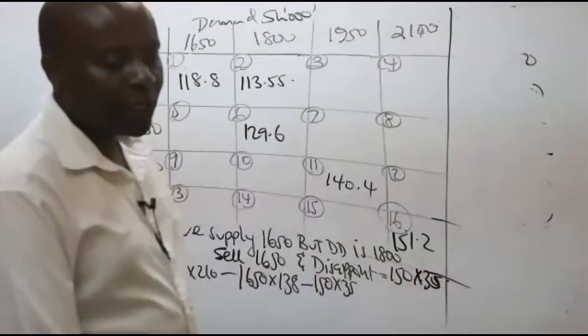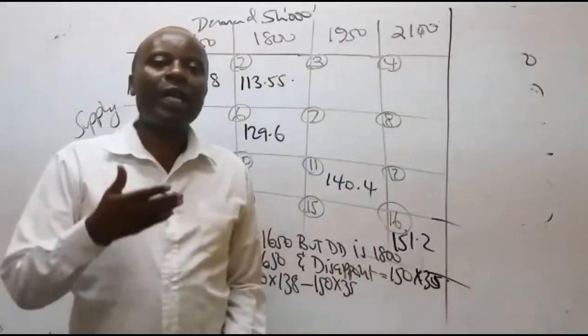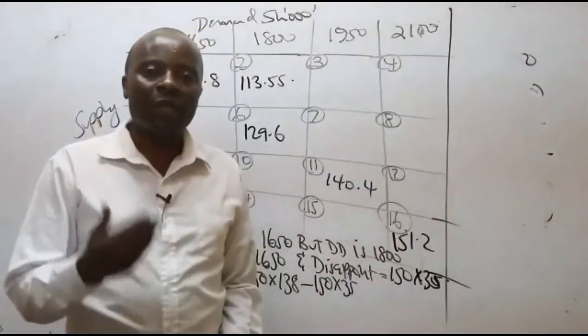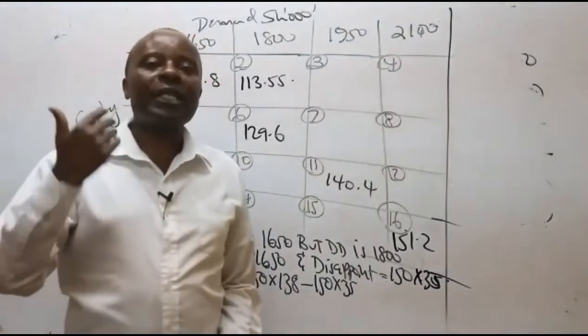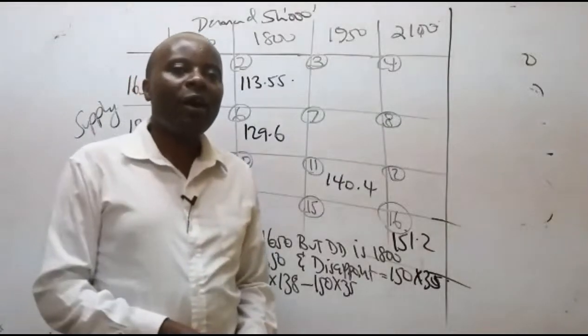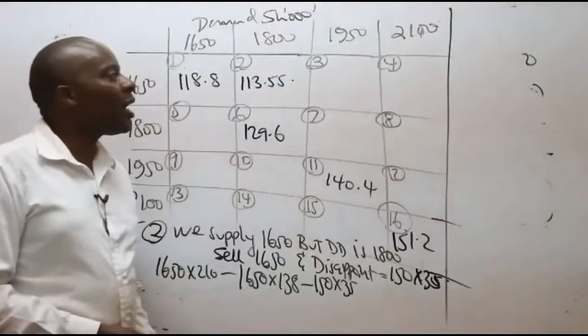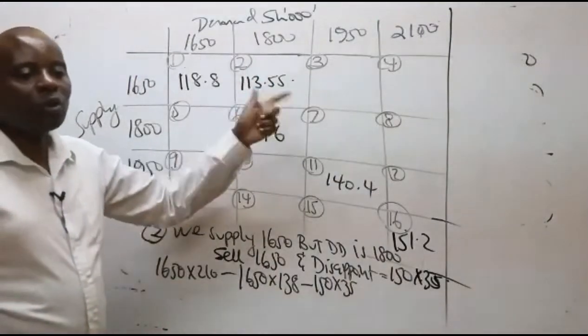That is, if you have 10 fish and two customers have come, the excess fish that we are not able to sell, you will be able to get another market which will buy them at a very low price. Here, we are not having a situation where we have excess units. Actually, here we are running out of stock.